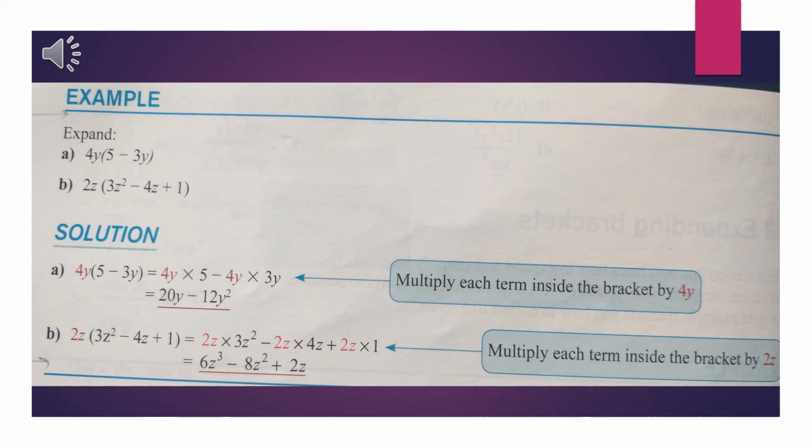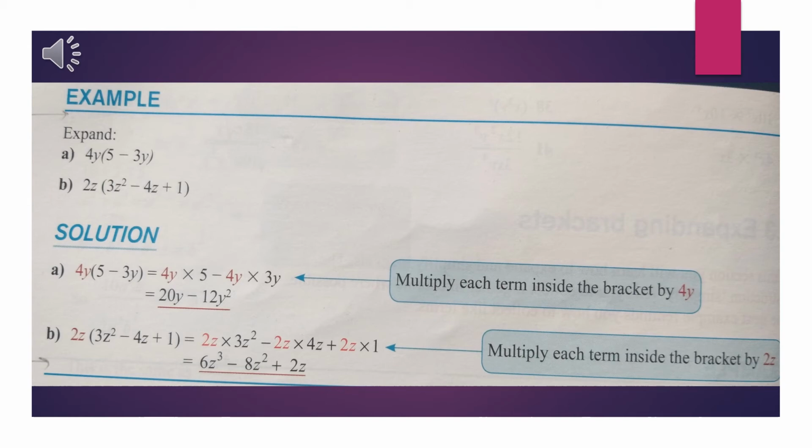Part B: 2z times 3z squared minus 4z plus 1 equals 2z times 3z squared minus 2z times 4z plus 2z times 1. That is, multiply each term inside the brackets by 2z.